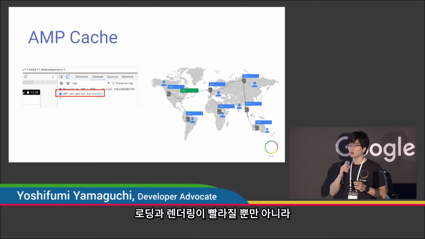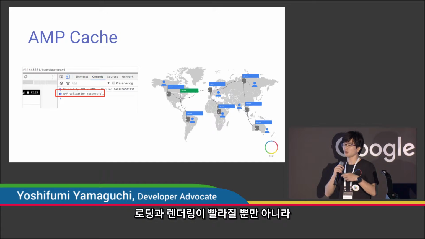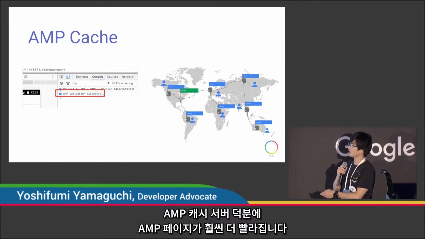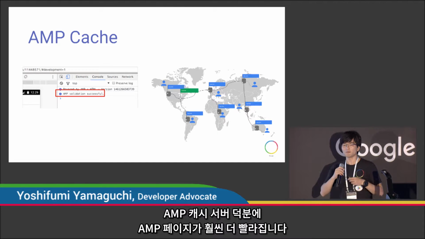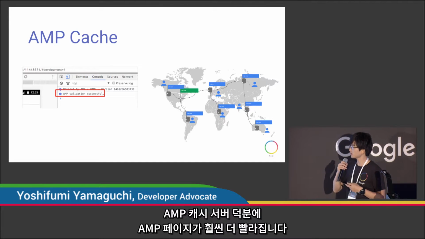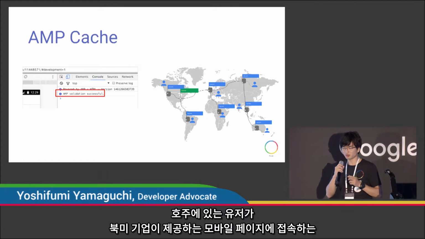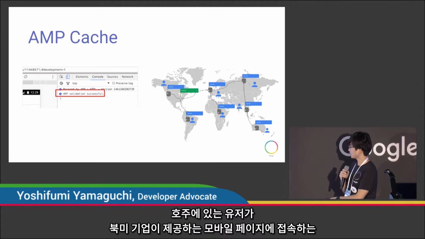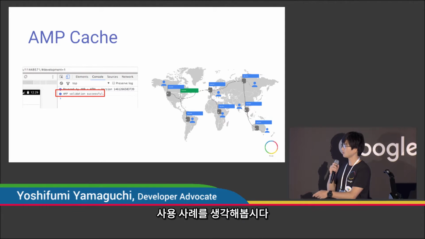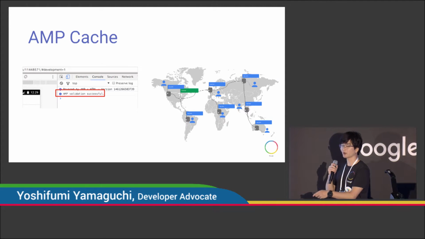But it is not only fast on loading and rendering. With the AMP cache server, AMP pages get much faster. Let's think about the use case where some users in Australia access mobile pages provided by some companies in North America.